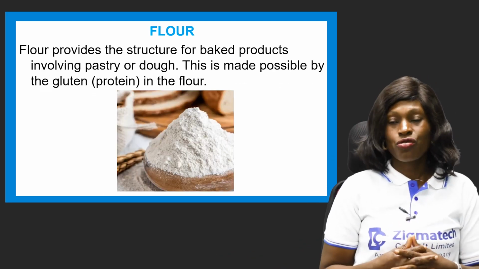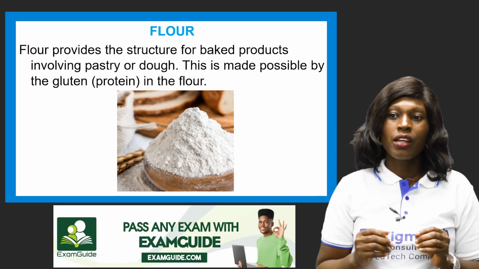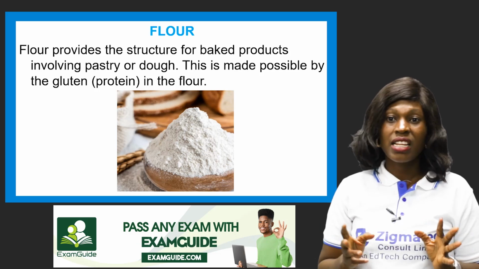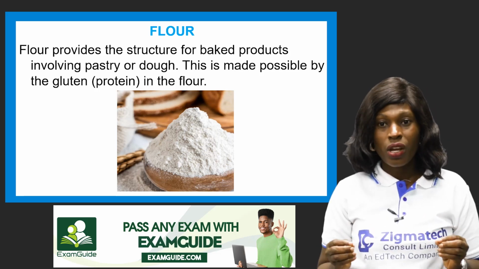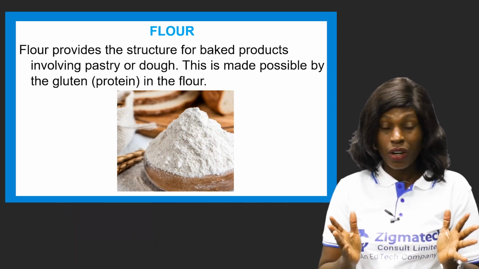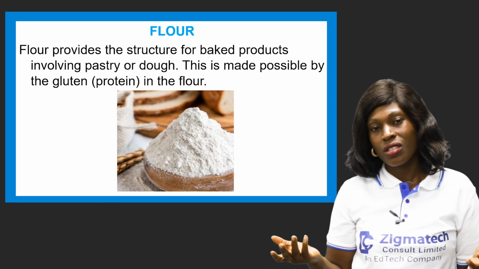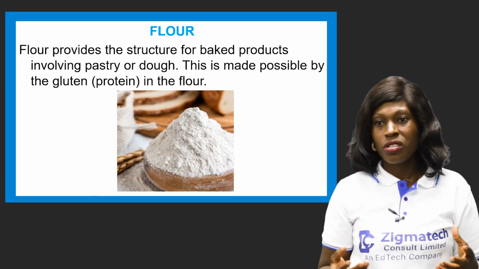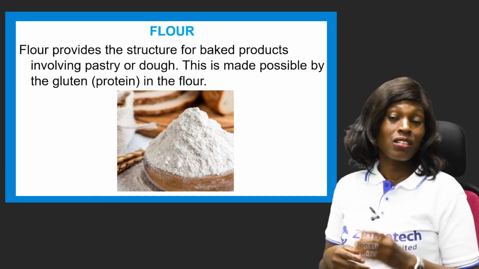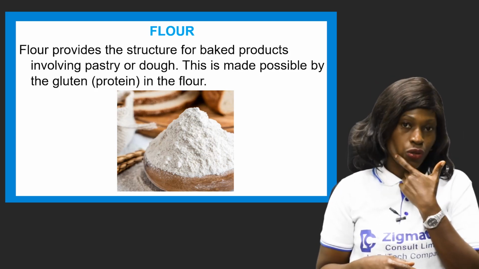Now let's look at flour. Flour provides the structure for baked products. For you to be able to bake products that involve pastry or a dough, you must have your flour. It depends on the type of flour you're going to be using. We have different types of flour. Now, this is made possible by the gluten, the protein in the flour that you're going to be using.